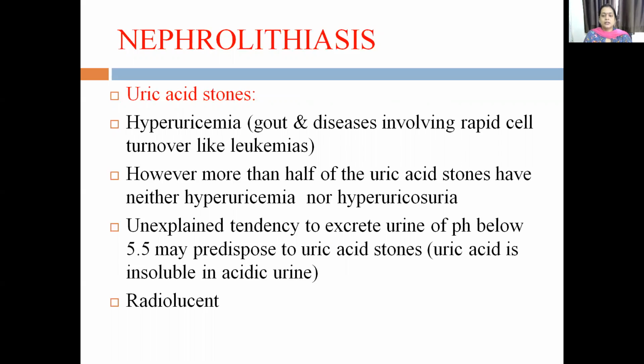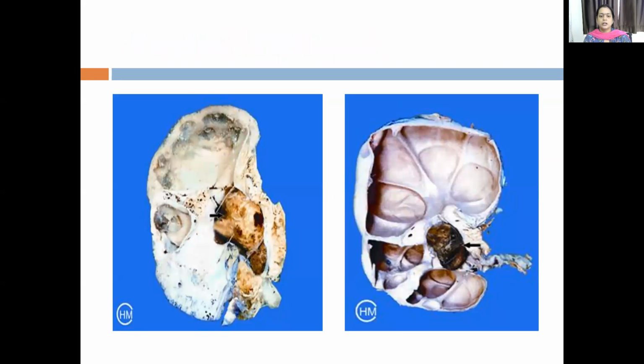Unexplained tendency to excrete urine of pH below 5.5. They are usually radiolucent. These are the stones you are seeing here, which are occluding the renal pelvis. So what happens? There will be dilatation and it can cause increased size of the kidney and thereby deteriorate the renal function.